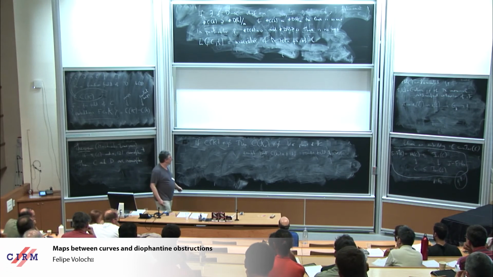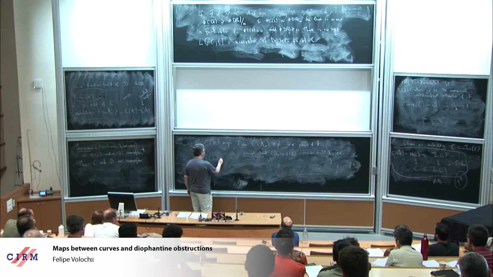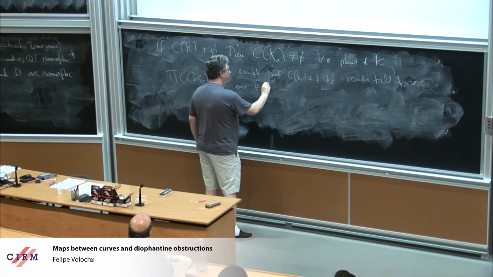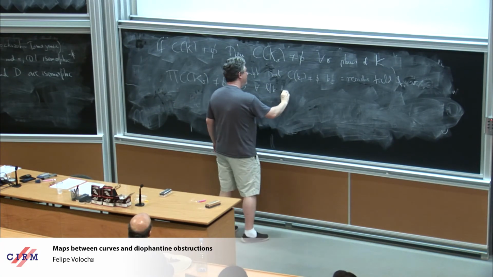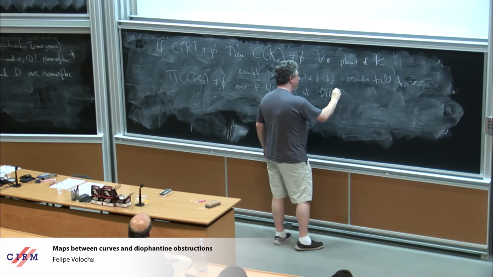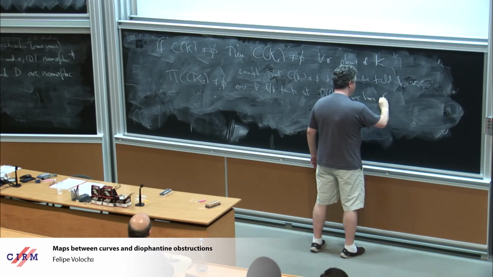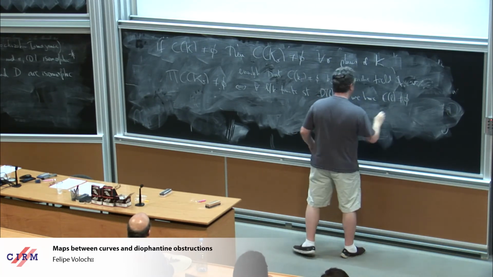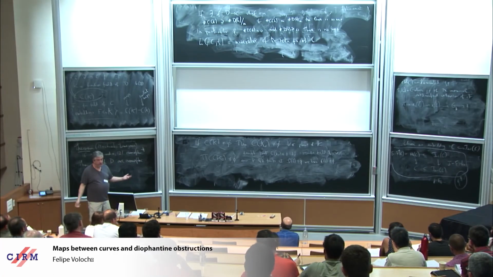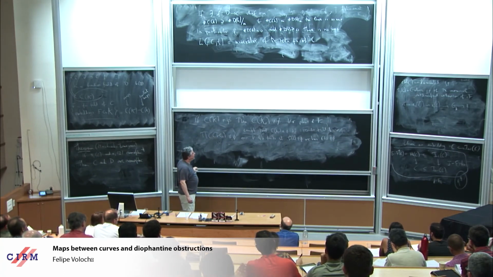So the product of C(K_v) is not empty if and only if for all finite field extensions L over K such that D_L is not empty, we have C_L not empty. And of course this is a necessary condition for there to be a non-constant map from D to C. So this is a local-global obstruction.